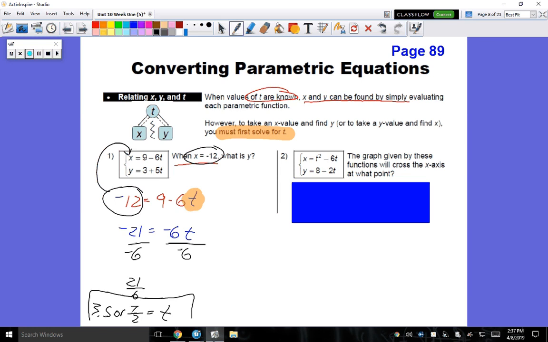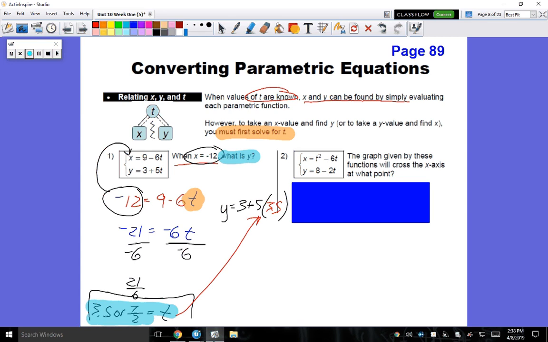So now that we know the moment in time, we can solve for what y would be at this moment in time. Okay, so I'm going to go to my y function. It'll be 3 plus 5 times that time that I solved for, which you could put 3.5 or you could put 7/2, either way.